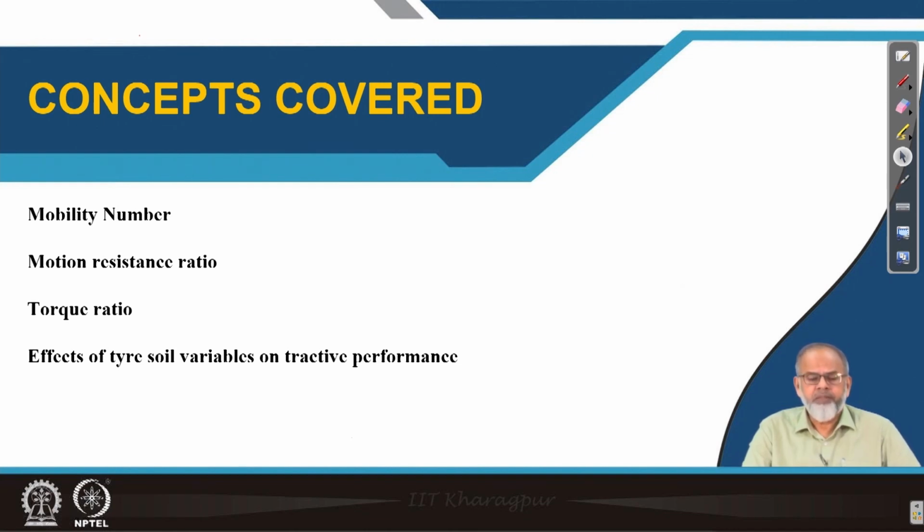That's why I tried to discuss in detail those two equations. So, in this lecture, I will cover Brixius equations, where I will cover the concepts of mobility number, motion resistance ratio, torque ratio, and the effect of tire and soil variables on tractive performance.